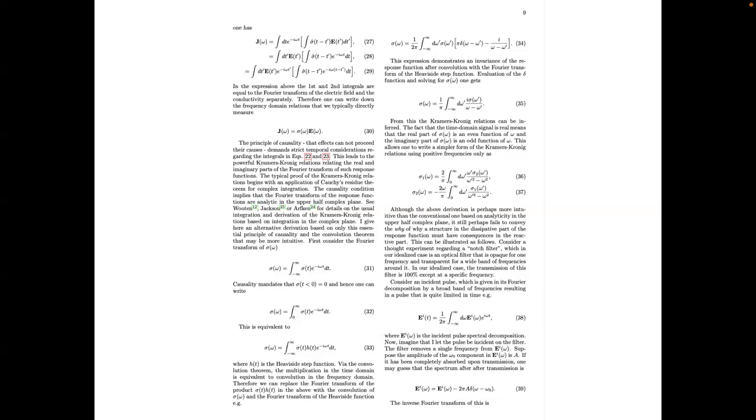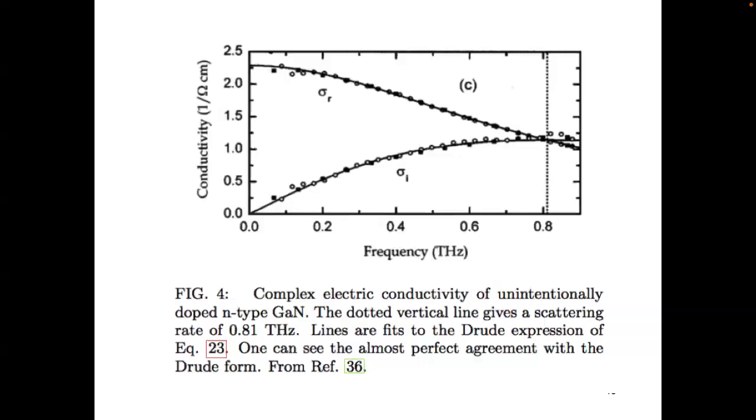Now, the conductivity in the time domain is a real quantity, corresponding to a real current. But after we Fourier transform and write it down in this fashion, it's a complex quantity. I'll keep making reference to this because it's important. Here is an example of the complex conductivity of a not particularly complicated material, n-doped gallium nitride, just a canonical semiconductor.